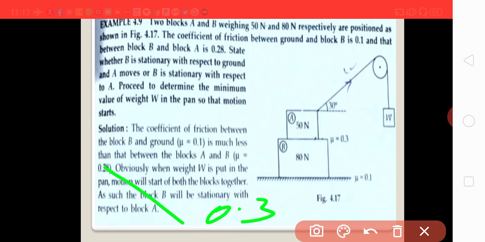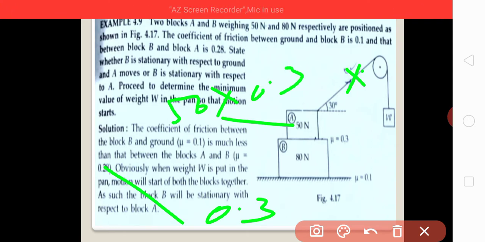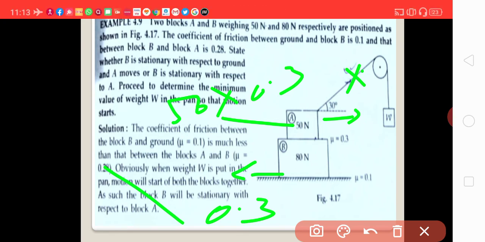How are we saying this? We know the normal reaction, considering just for the time being, just neglect this. The normal reaction for this will be 50 into 0.3, and if we apply a horizontal force also, the normal reaction here will be 0.1 into (50 plus 80), that is 130.